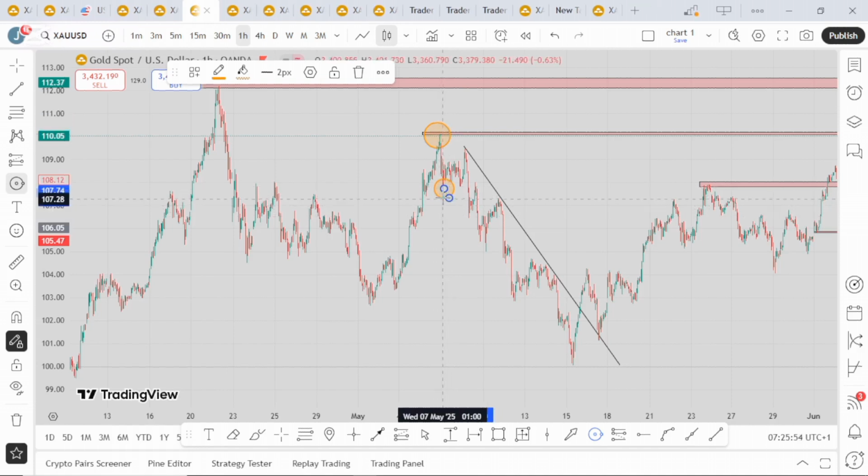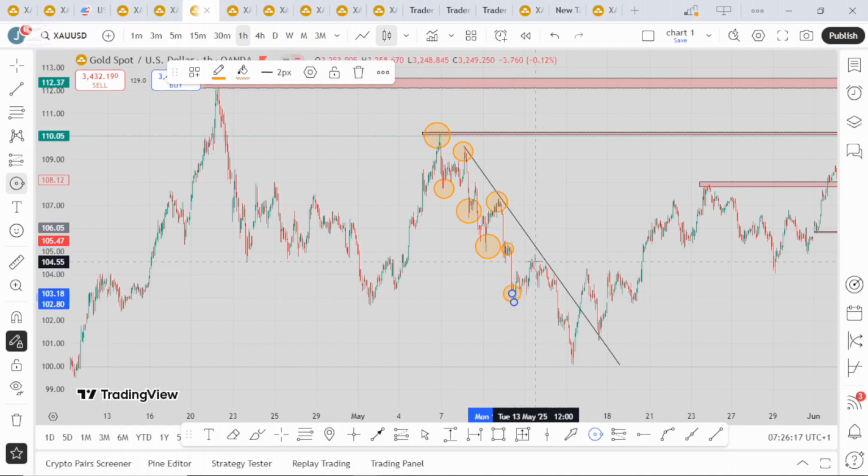Then price came and printed a high that is lower than this high, and printed another low that is lower than this one here, and printed a high, and printed a low that is lower than this low, and printed another high at this zone here. Then it printed this low that is lower than the previous low, then printed a high over here.